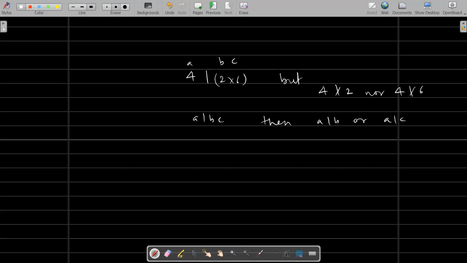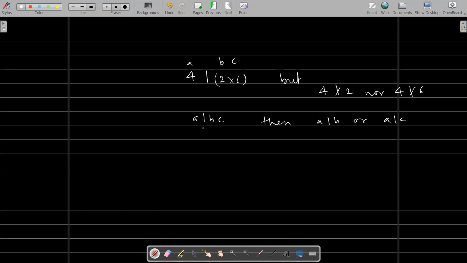Sir, this statement that if A divides BC, then A divides B or C is true if and only if A is a prime number. Very good. I can prove that by saying that suppose A is not a prime number, then it can be factorized into A1 and A2.